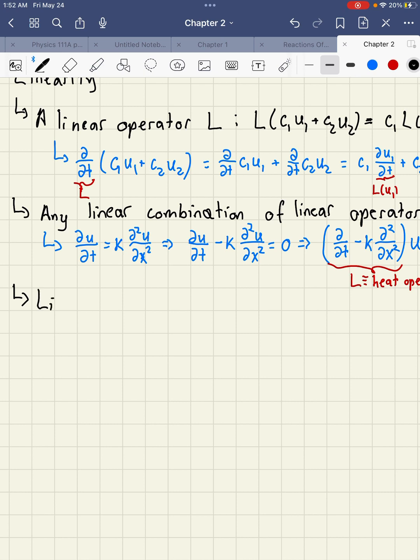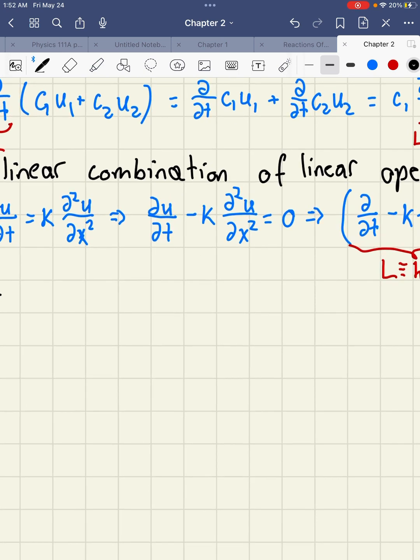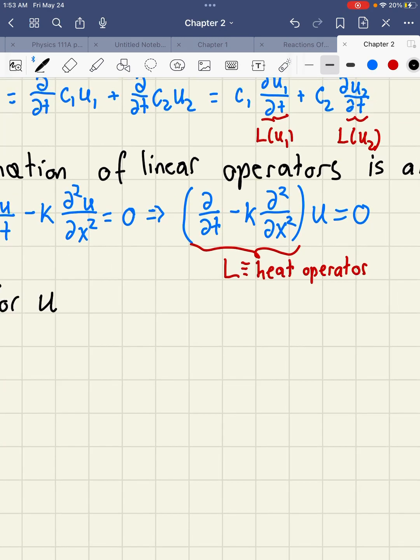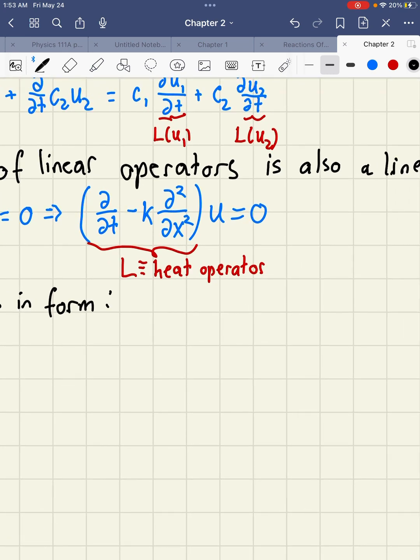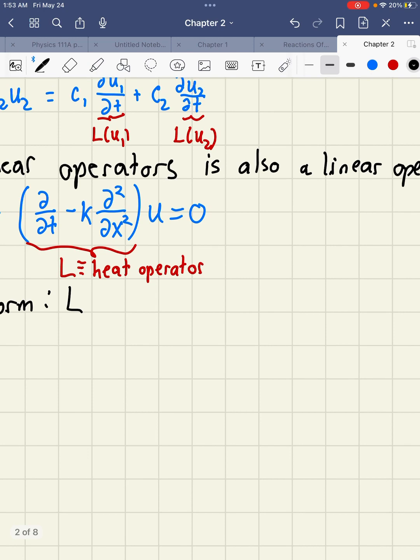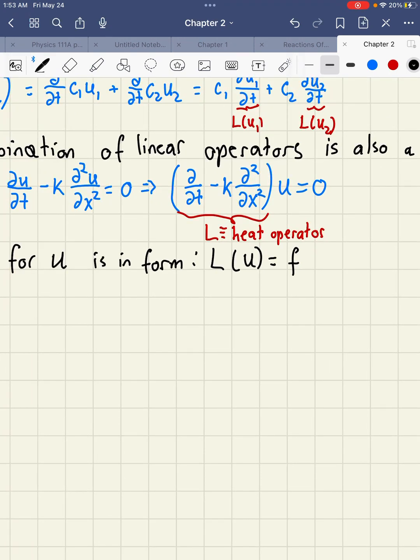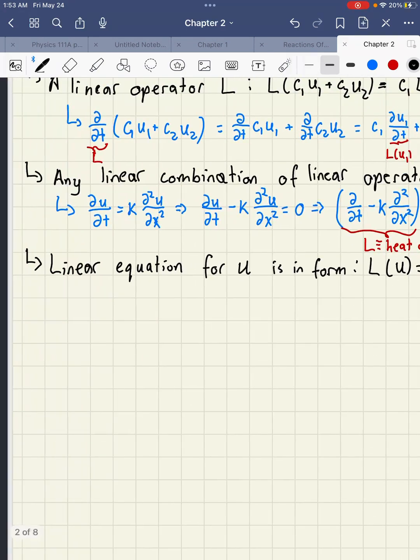Any linear equation for an unknown function u is in the form of the linear operator applied to my unknown function is equal to a certain source function. And this source function must be linear too in order to have a linear equation.